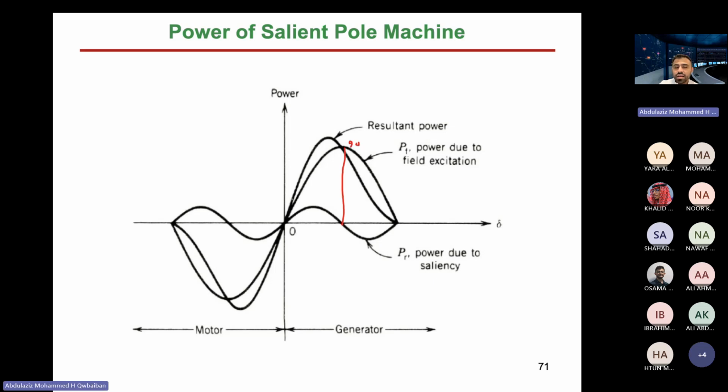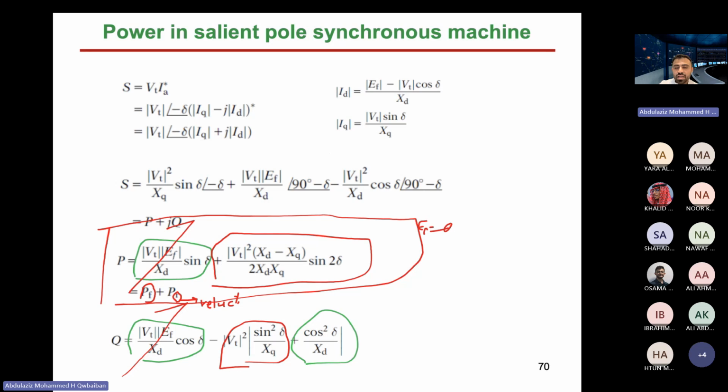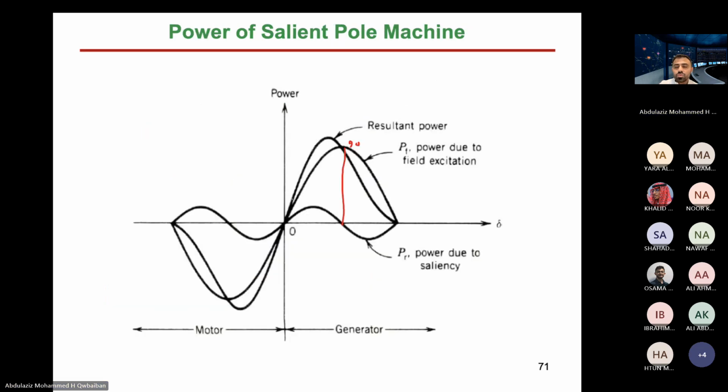We have a twice frequency signal, sine 2 delta, which is due to the saliency, or PR, due to the reluctance. This makes the resultant power, the effective one, have its maximum at a torque angle that is not 90 degrees. Maybe somewhere between 45 and 90 degrees. Maybe this is 80. This is very dangerous.